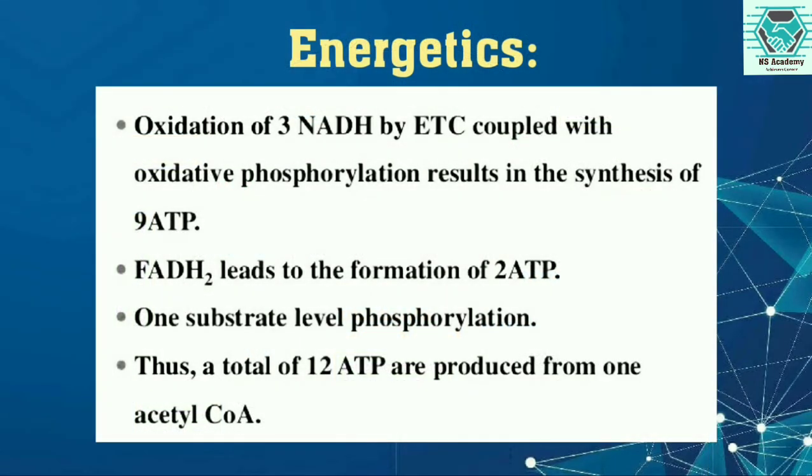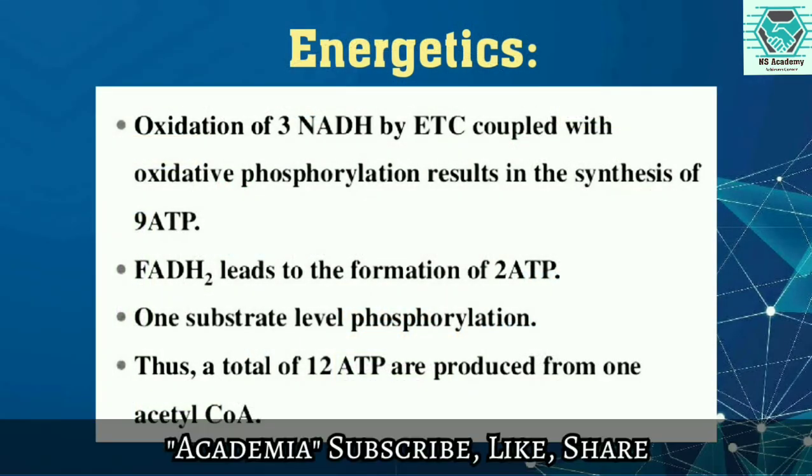In the energetics of TCA cycle, we see oxidation of 3 NADH by electron transport chain coupled with oxidative phosphorylation, which results in the synthesis of 9 ATP molecules. Then FADH2 leads to the formation of 2 ATP molecules.